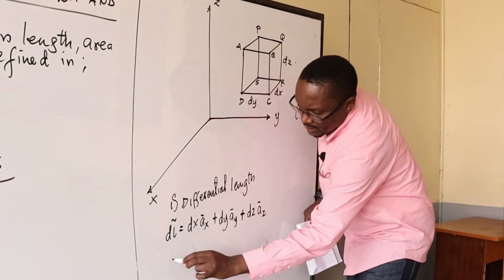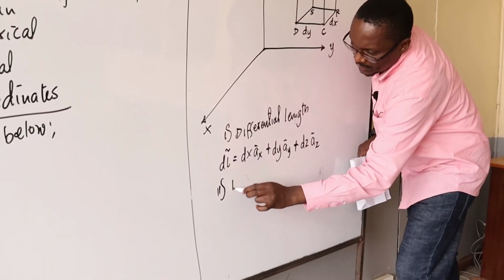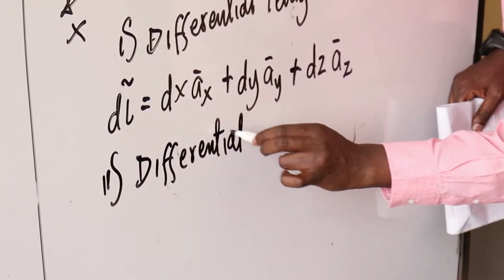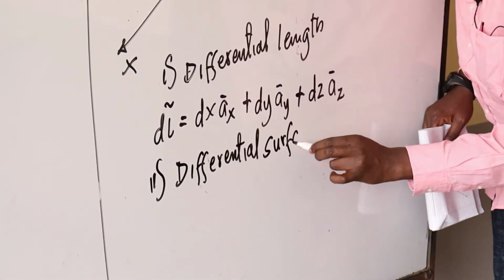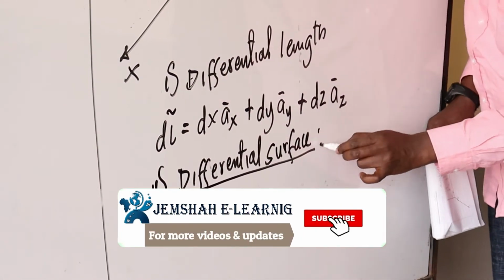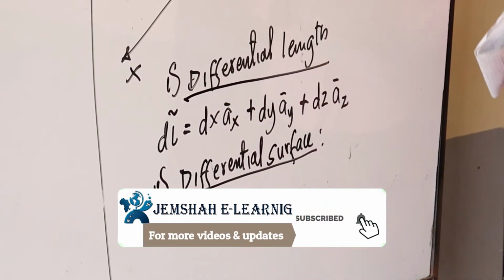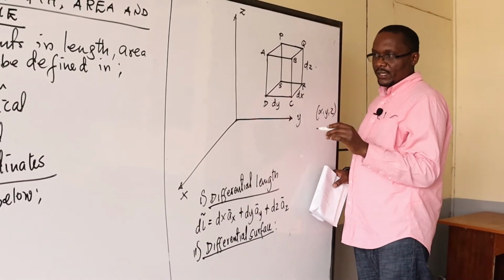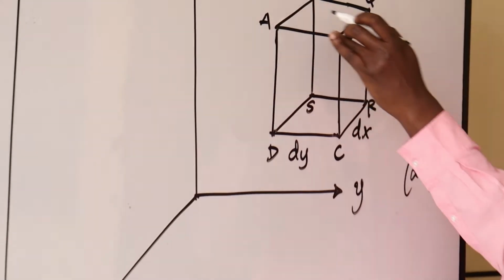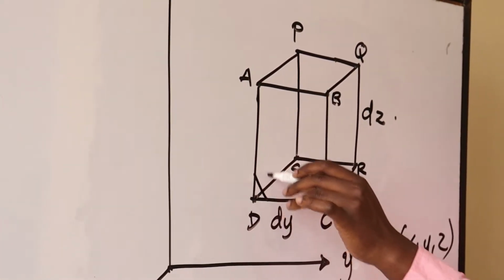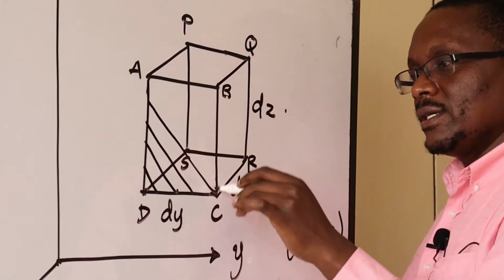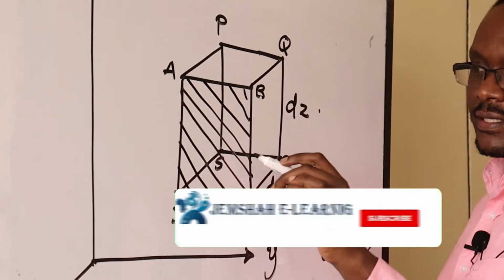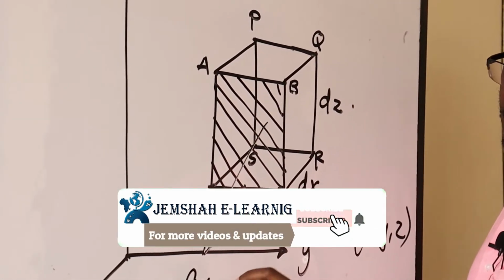Then the second one is the differential surface. That was my differential length and now differential surface. This one is based on a particular surface. If you look at this keenly, I have my surface A, B, C, D. This surface has a unit vector that is perpendicular to it, in the direction of ax.